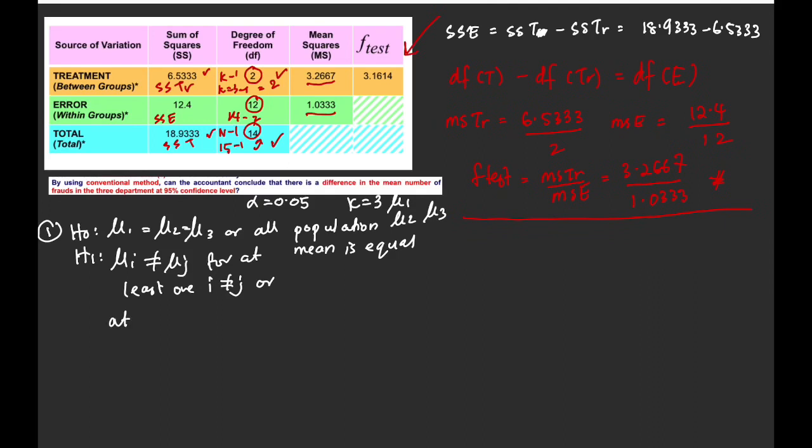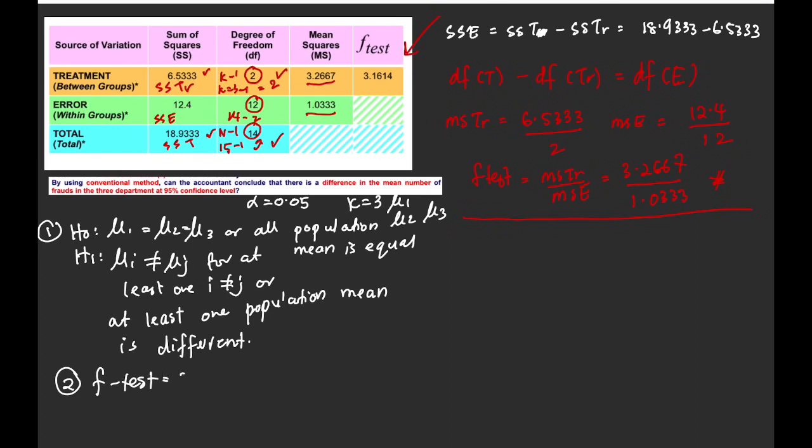Or you can write down at least one population mean is different. Okay, step number 2 is your statistic. F test is equal to 3.1614.